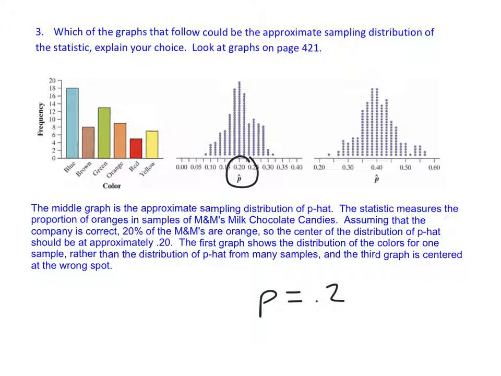All right, that and assuming that our sampling was done randomly, right, and we had good samples of 50, we should see some variability, right, because it didn't mean that we were going to get 10 orange candies in every sample, but that variability should be centered right around 20%. The middle one does, and the one on the right doesn't.